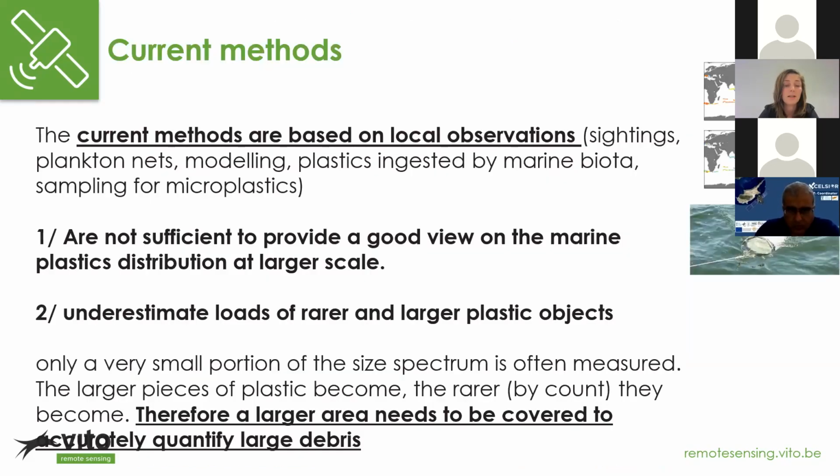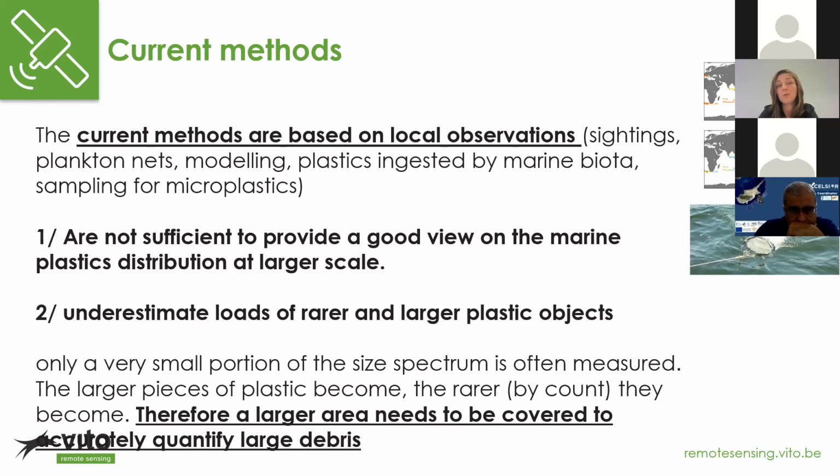If we have a look at how plastics is really quantified now, how we retrieve information on plastic distributions, you can see that the current methods are mainly based on local observations. So this means sightings, visual sightings from ships, but also plankton nets. So you can see a picture at the right of a plankton net.